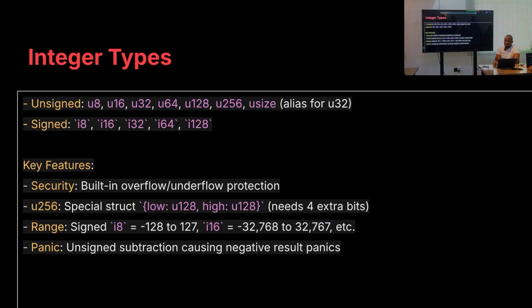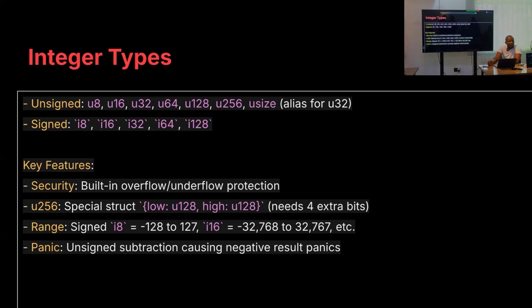So the next type is integer. We basically have a signed integer and an unsigned integer. What's the difference between the two? One accepts negative values and the other does not.